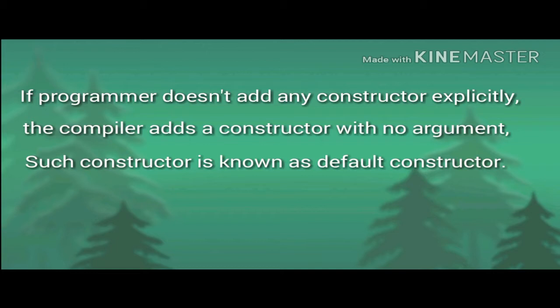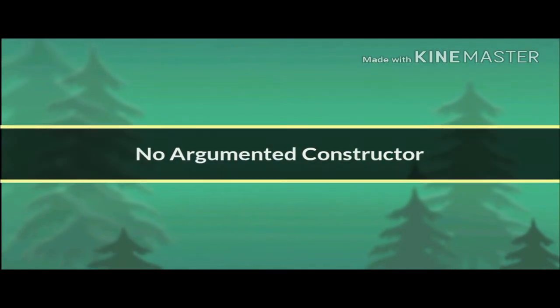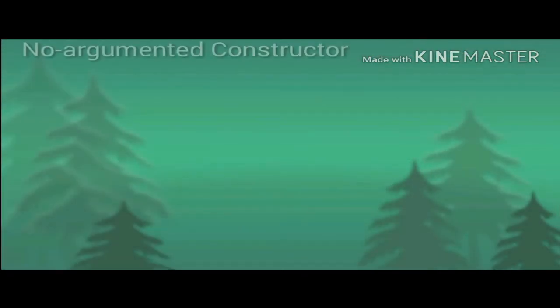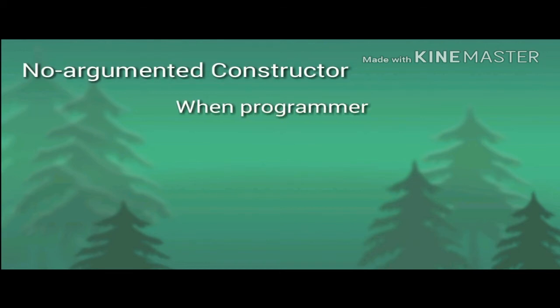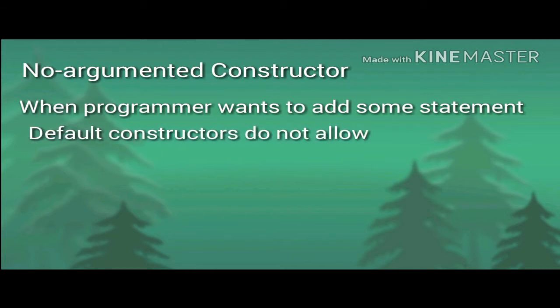In such a constructor, the programmer cannot add any statement, but sometimes it becomes a requirement that the programmer wants to add some statement in the constructor, but the default constructor does not allow the programmer to add any statement.